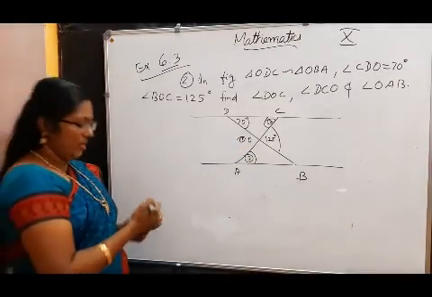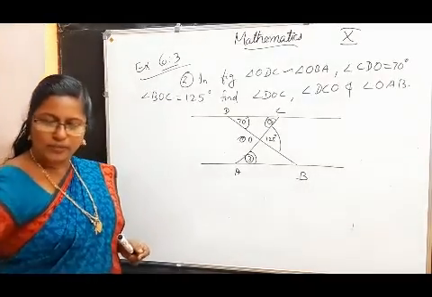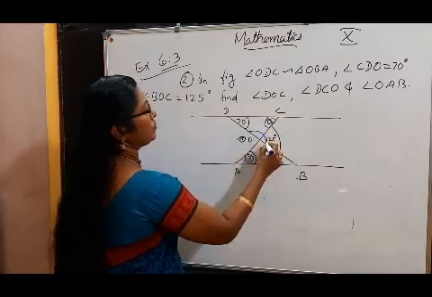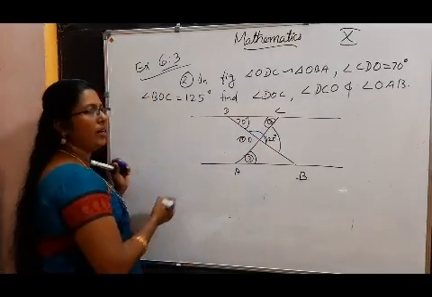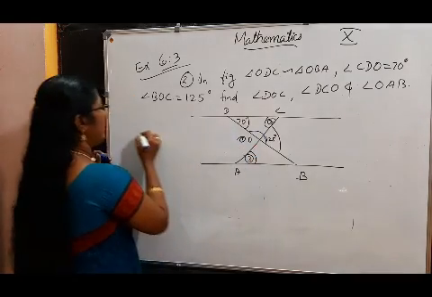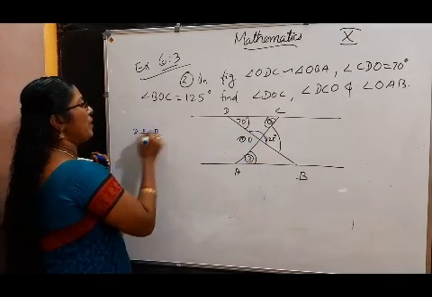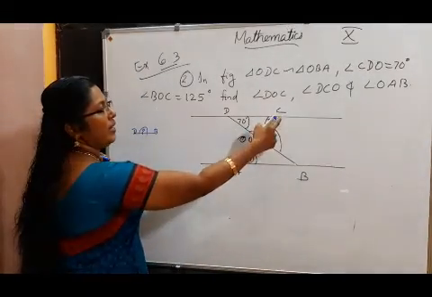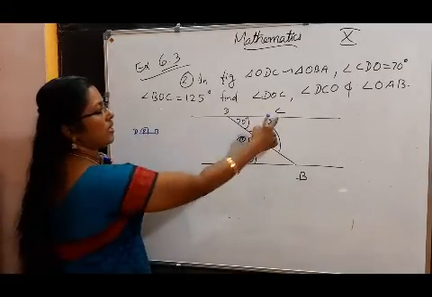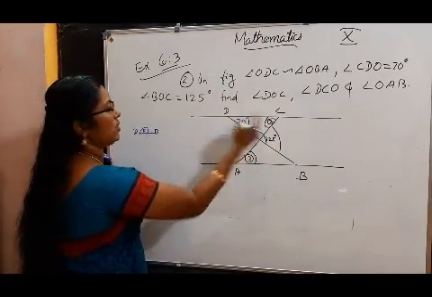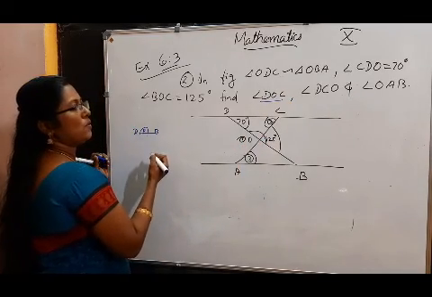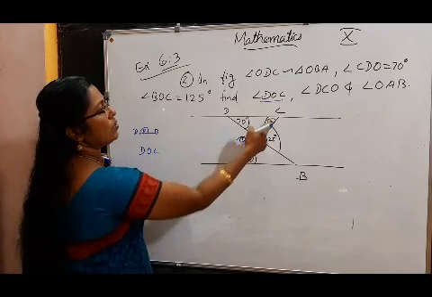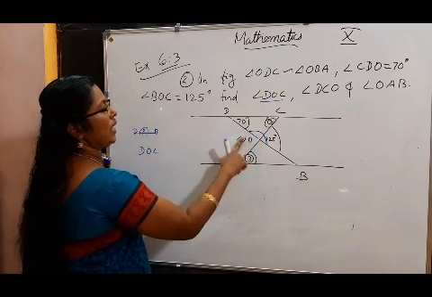Then how to find out these angles? What about this angle? This is a linear pair, a straight angle, isn't it? DOB is a straight angle, that is 180 degrees. So we want to find DOC.